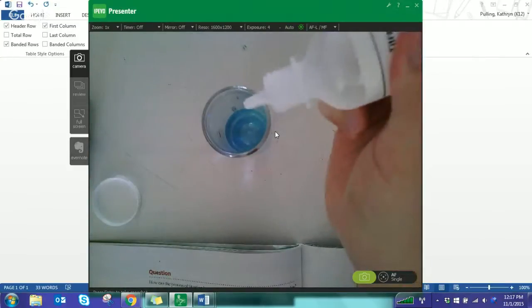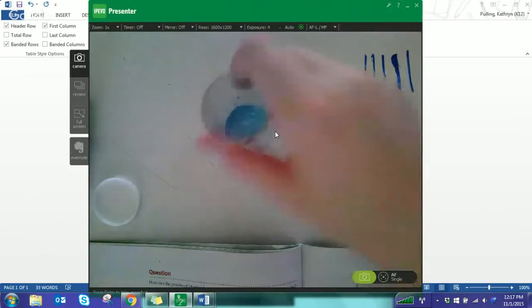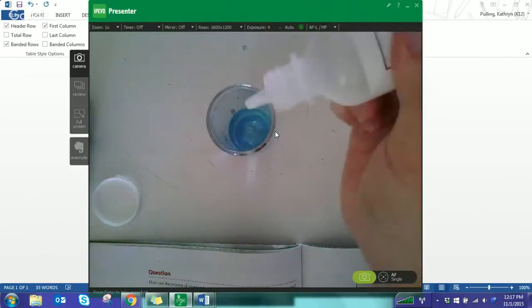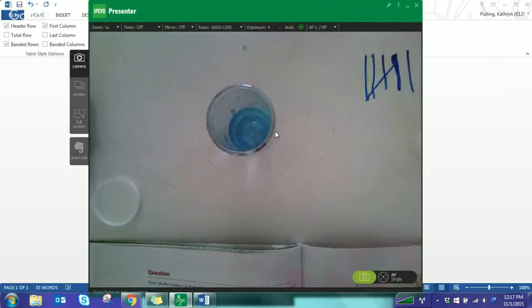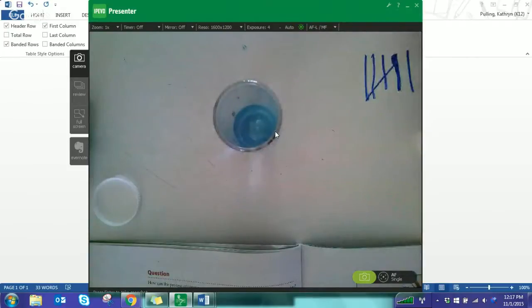And number 6. I'm actually going to cross here, so there's 5 and 6. And I'm just going to keep adding 1 drop at a time and tallying it up until it finally turns red.